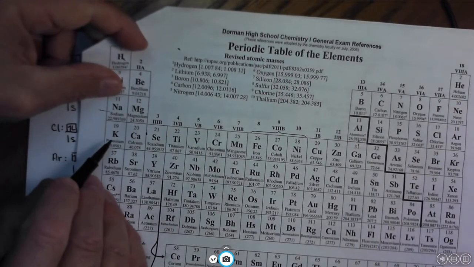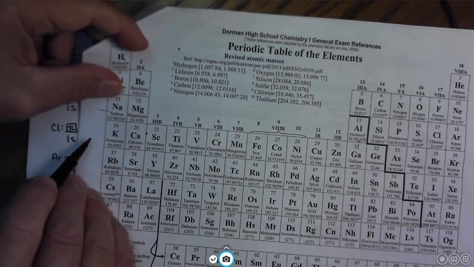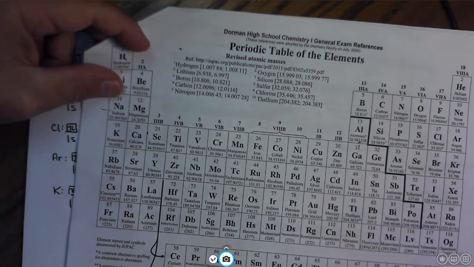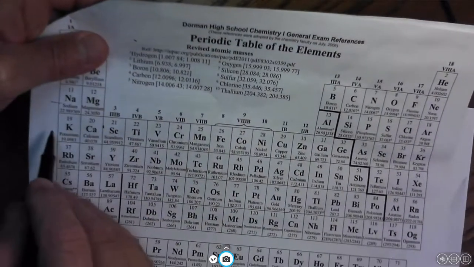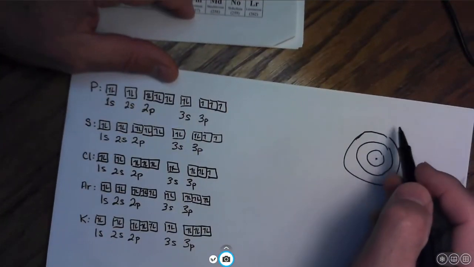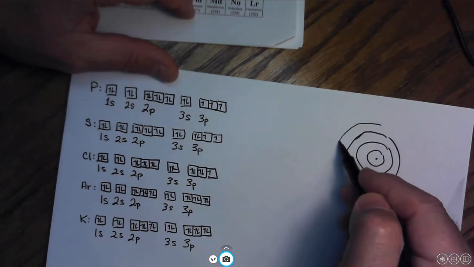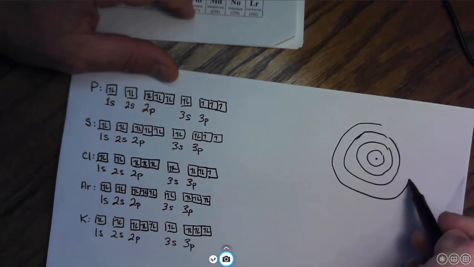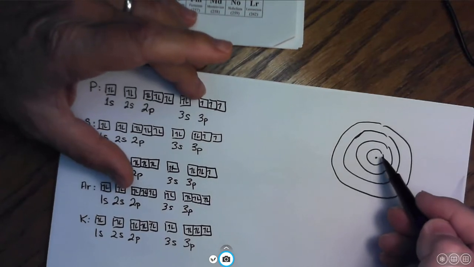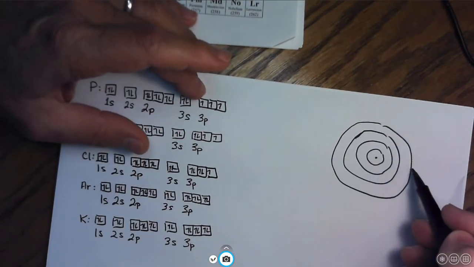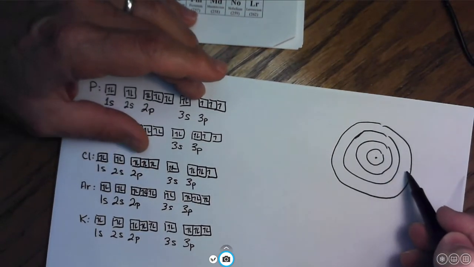That's going to be in the fourth concentric sphere, the fourth period. The fourth period on the periodic table is here. That's the period here. So the fourth period will be another concentric sphere from the nucleus. 1, 2, 3, 4. That's where the electrons are actually going.